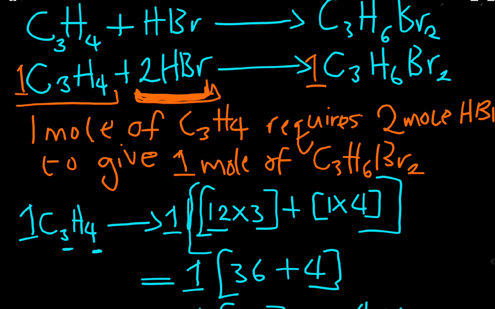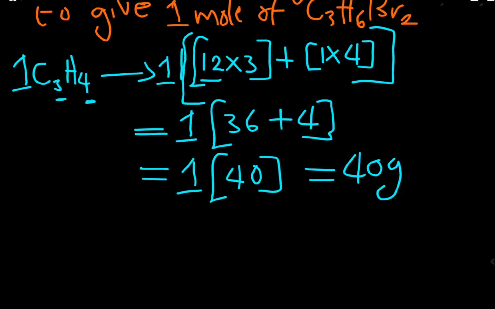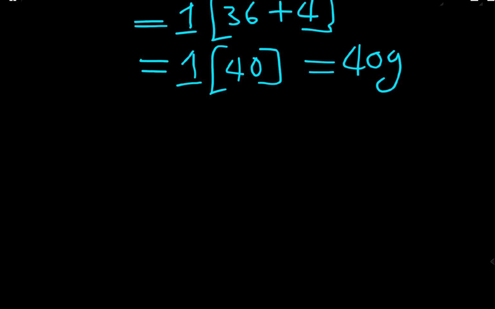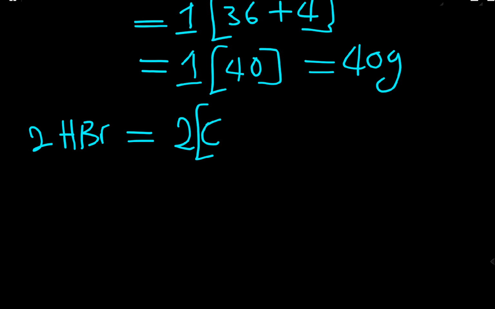And here's how to go about that. Say 2 moles of hydrogen bromide, HBr, which is 2 in a big bracket, then in a small bracket our hydrogen is 1 times 1, close bracket, plus our bromine is 80.